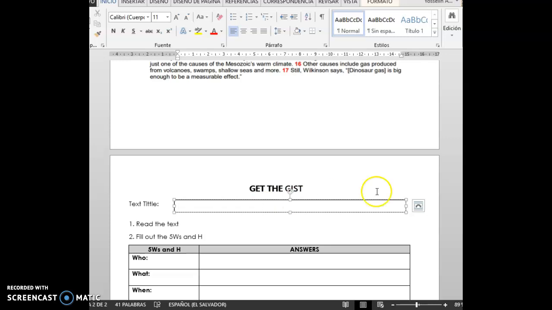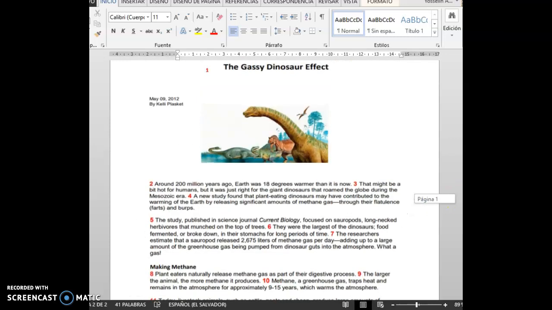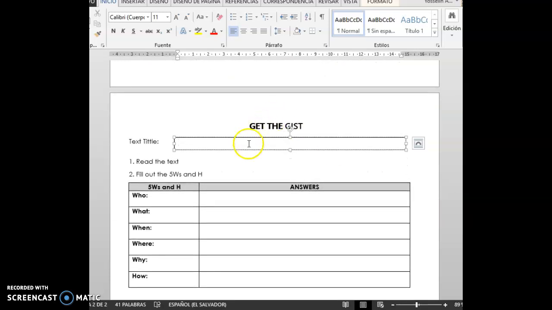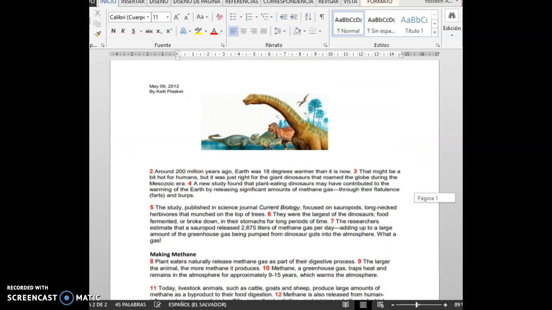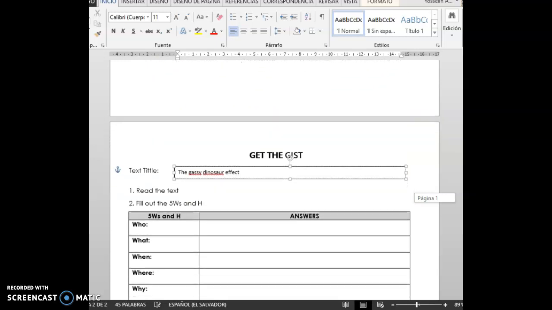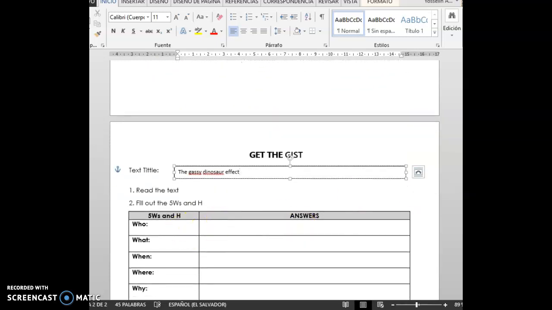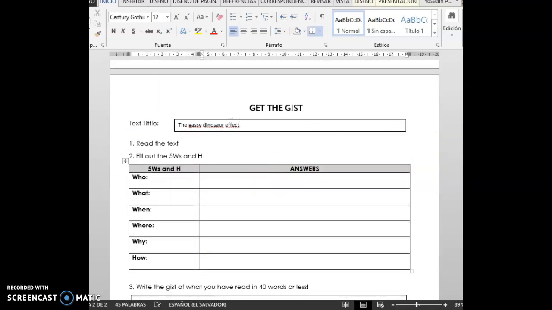What is the text title? The text title is "The Gassy Dinosaur Effect." Then, read the text, we already did it. So who? Let's start by talking about this.